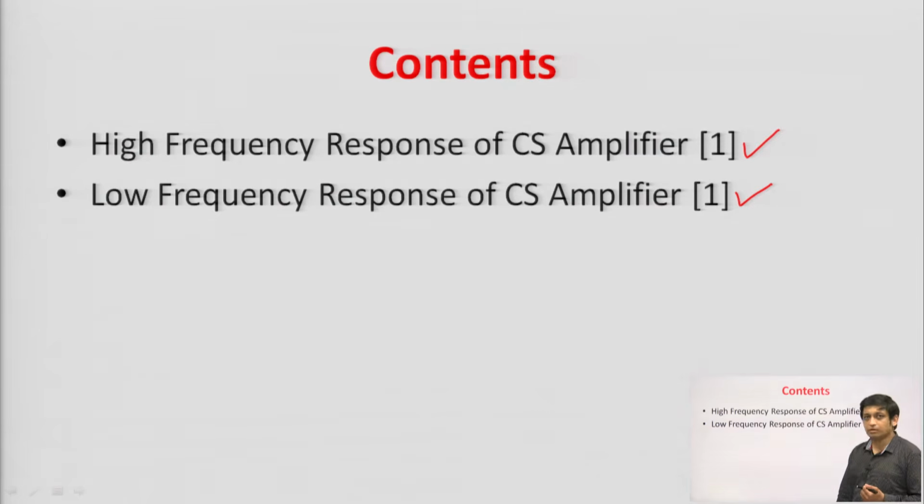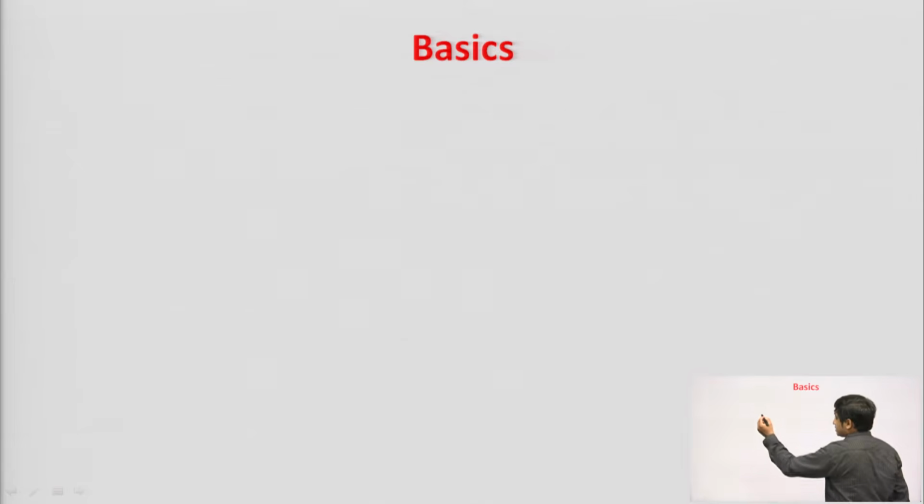In that class I discussed that the voltage gain of the common source amplifier, or the common emitter amplifier in BJT, is not constant for all frequencies. The gain is reduced at low frequency and the gain is reduced at high frequency. The reason I had explained in the last class.